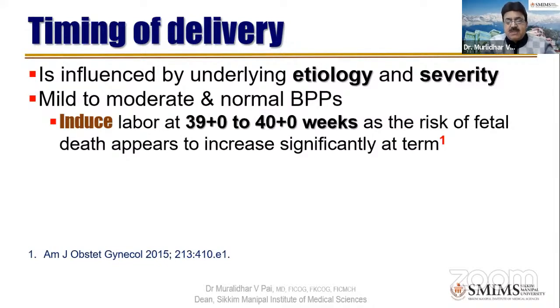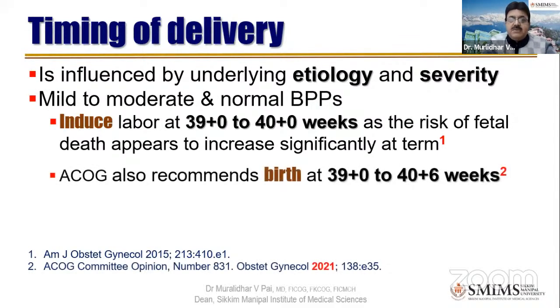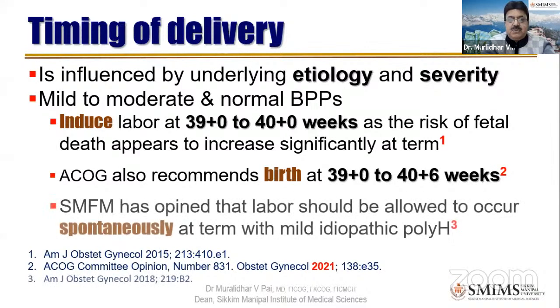39 weeks, because the incidence of RDS is very low after 39 weeks. ACOG also recommends birth at 39 to 40 weeks interval. And SMFM has opined that labor should be allowed to occur spontaneously at term with mild idiopathic polyhydramnios.